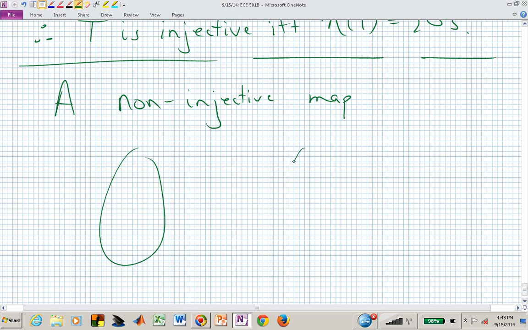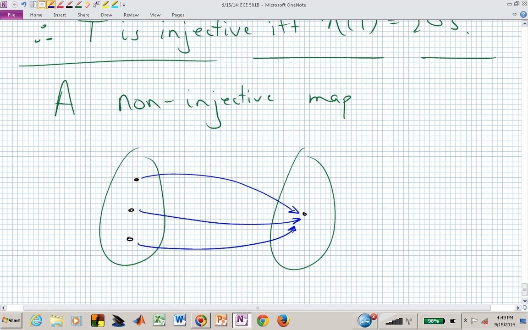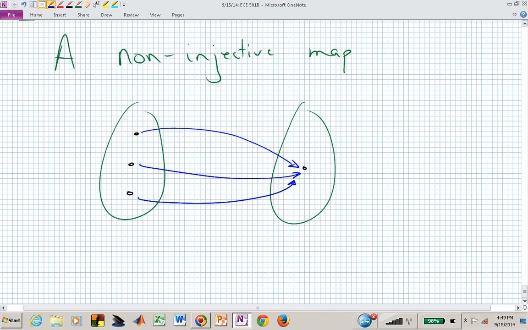Pictorially, this now is saying something like the following. You might start here, here, and here, and those might all end up at the 0 vector. Meaning now you might go there, there, and there for a non-injective map. Or actually you could go from many different points to something that's not even the 0 vector for a non-injective map. But now you can have multiple points going to the same location.